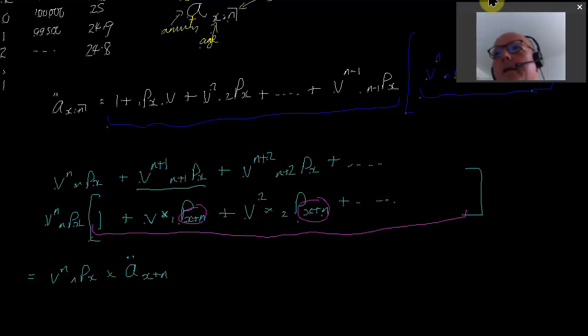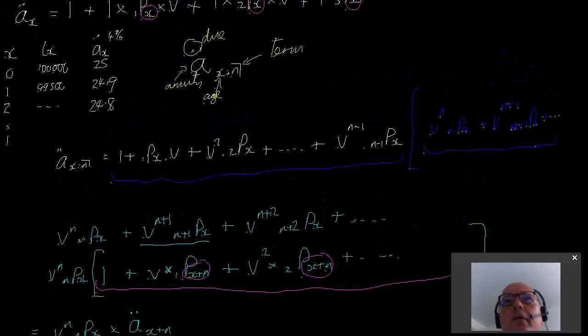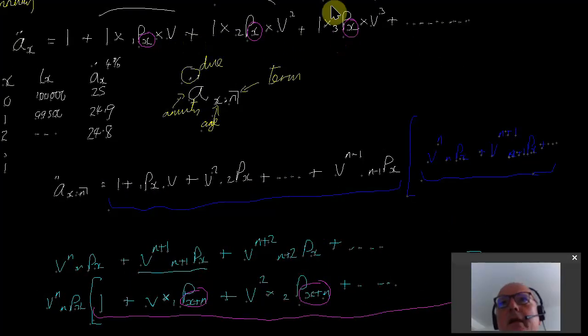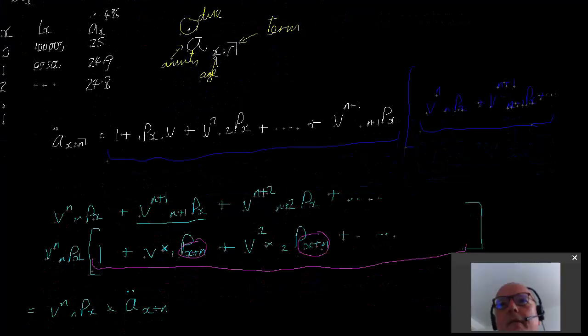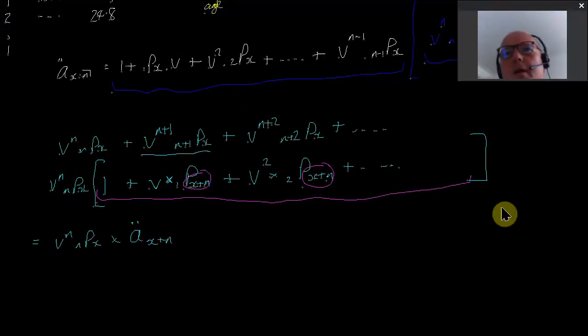Okay, that is the thing we've chopped off at the end to convert the whole of life annuity that we had here into the temporary annuity we had here. So we get one of our most important and most useful formulas, which we'll do in a different colour. Let's do it in pink.